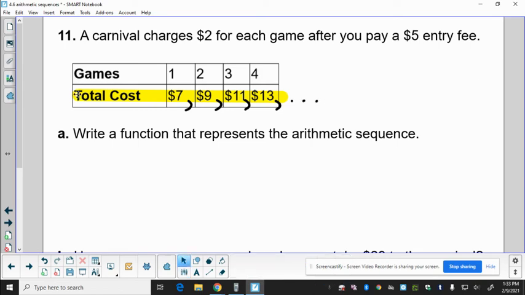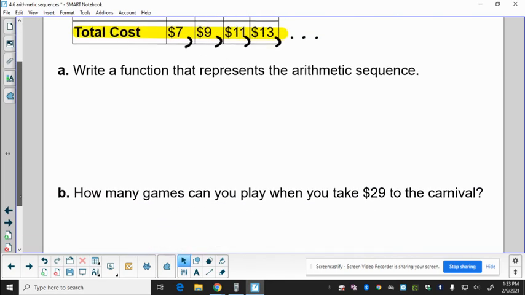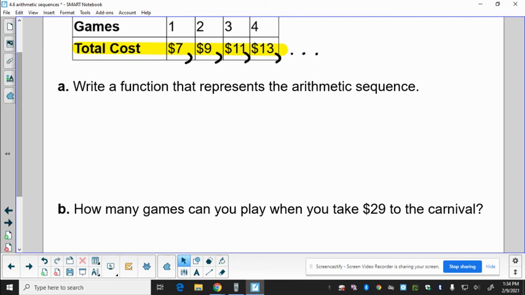Okay, everybody go to it, write the equation for that sequence, and then we're going to have a question at the end to answer about this. All right, so here's the other question. How many games can you play if you take $29 to the carnival? So if you already have your equation written, I wonder if you can answer that.